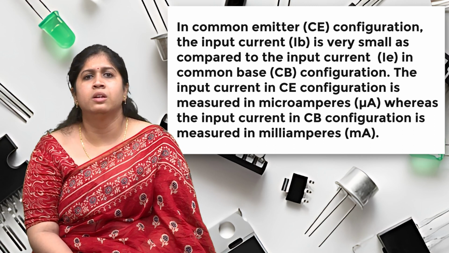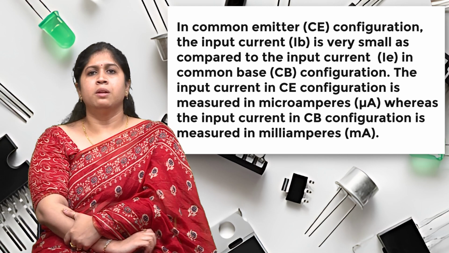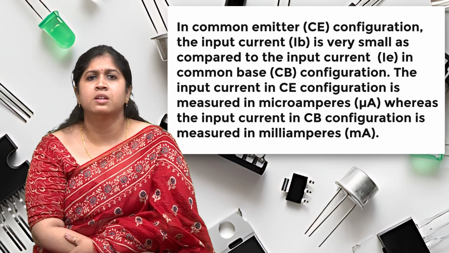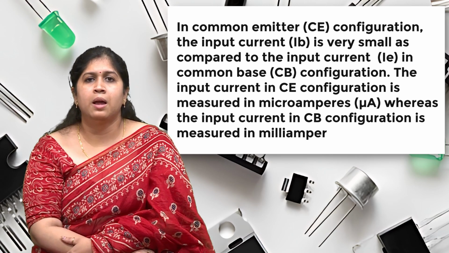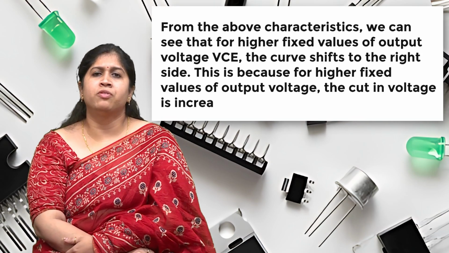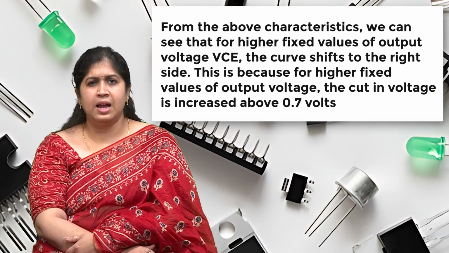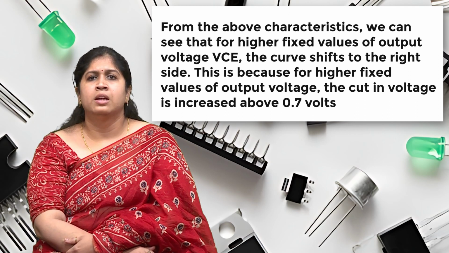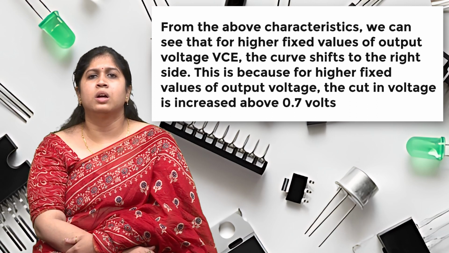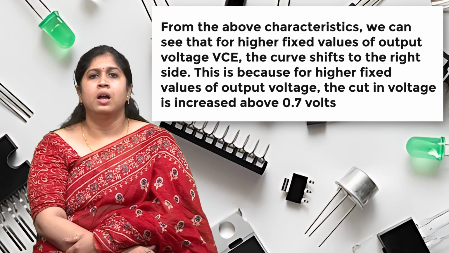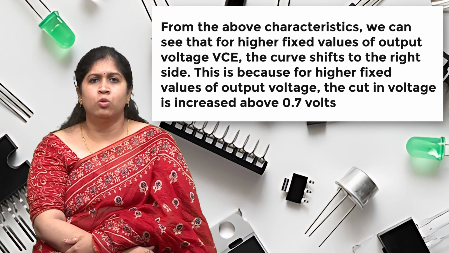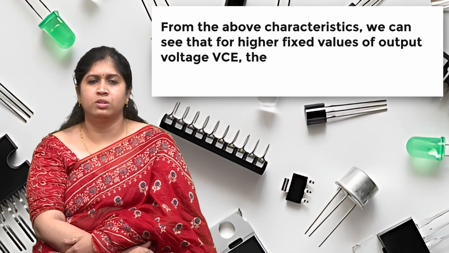In the CE configuration the input current is measured in microampere, whereas in the CB configuration it is measured in milliampere. From the above characteristic, we can see that for a higher fixed value of output voltage VCE, the curve shifts to the right side. This is because for a higher fixed value of output voltage, the cut-in voltage increases above 0.7 volts.